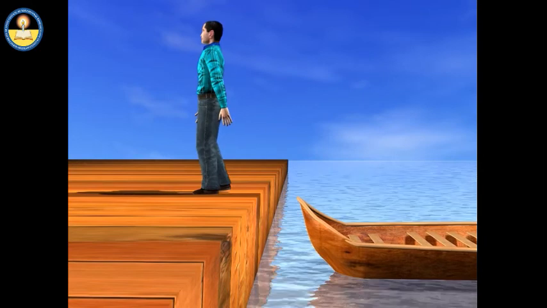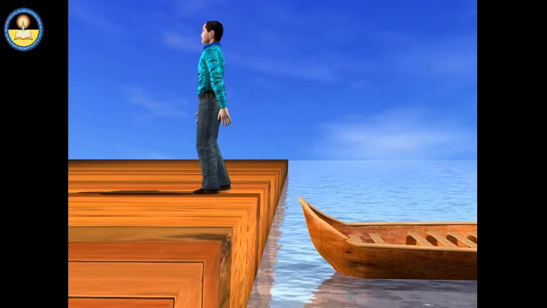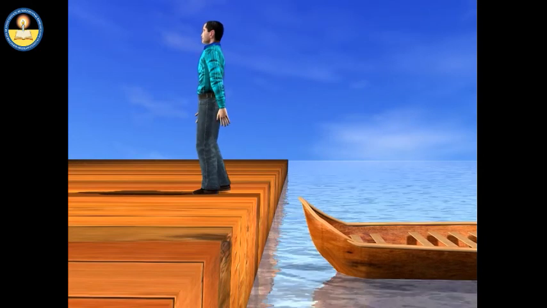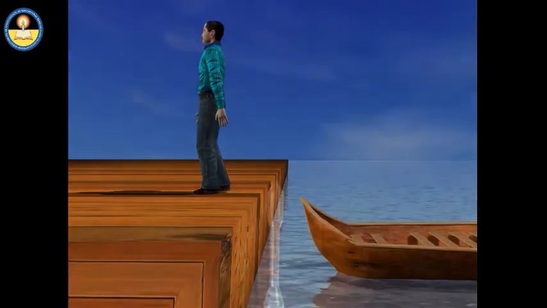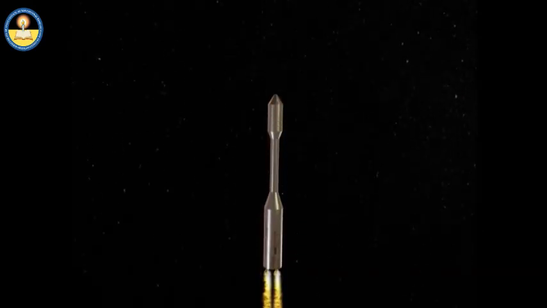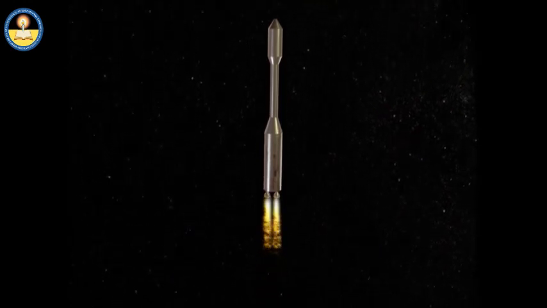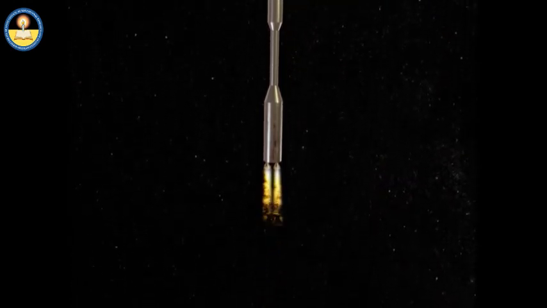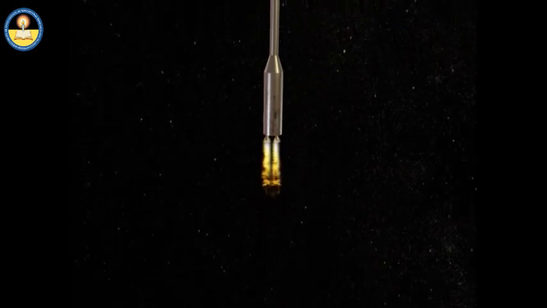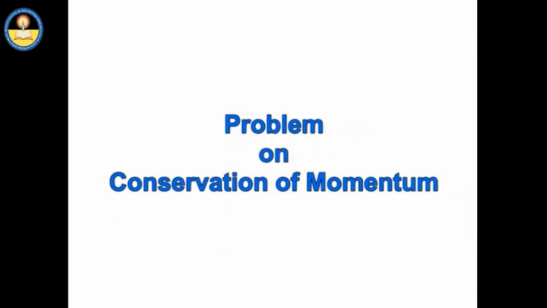This is possible only if the boat moves in the opposite direction. In a similar way, the upward motion of a rocket can be explained by the law of conservation of linear momentum. Try to solve some problems on the law of conservation of momentum.